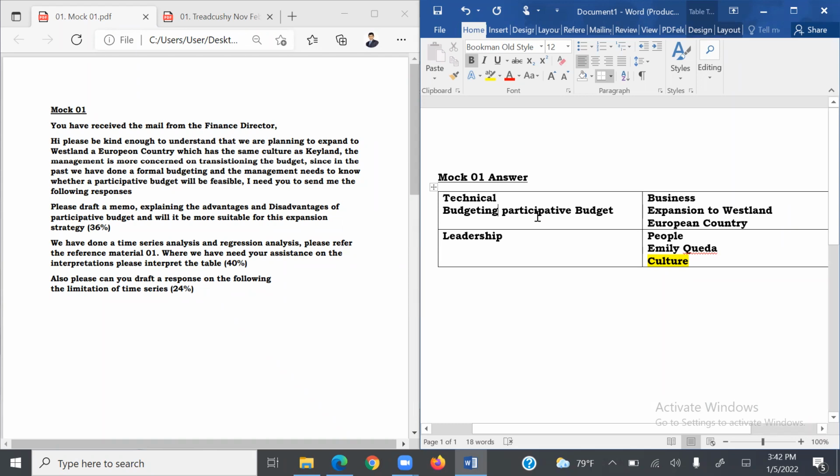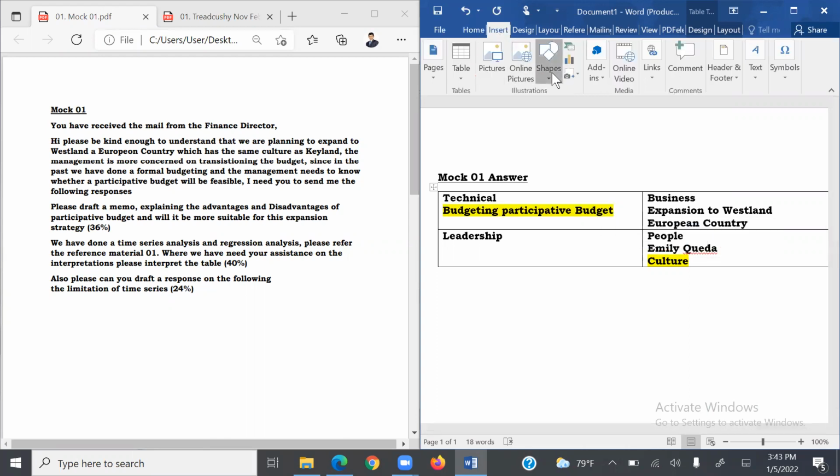Budgeting and participative budget. Students, if you do not mind, can I quickly get a Y in the chat box if you get that point of view very clearly? Because students, they are not asking you to prepare a budget, they are asking you to explain the budget. So participative budgeting is a technical aspect, but the answer should not just write down what is there in participative budgeting.